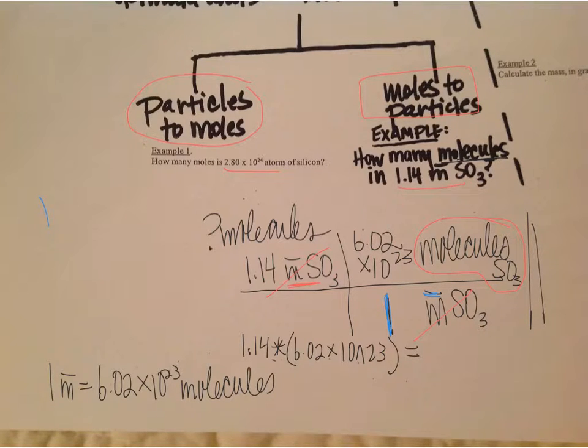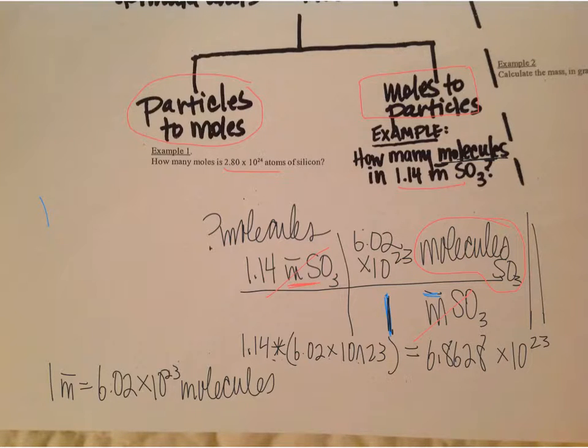And it would be divided by 1 because it's divided by the bottom, but it's just 1, so you don't really have to do anything. Now, when I calculate that, I get this number, 6.8628 times 10 to the 23rd.